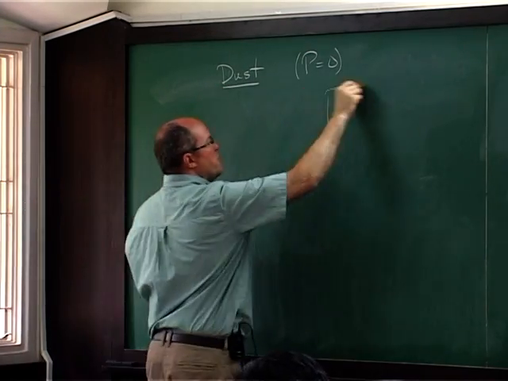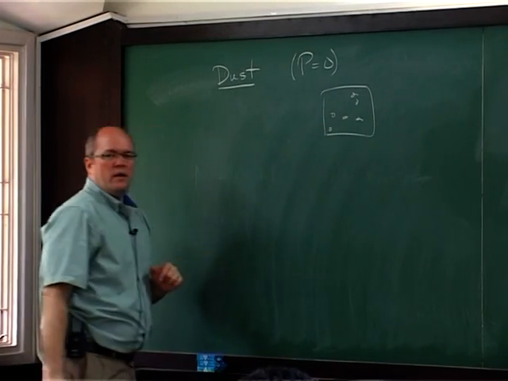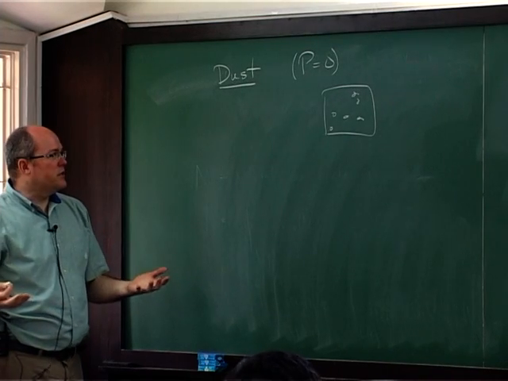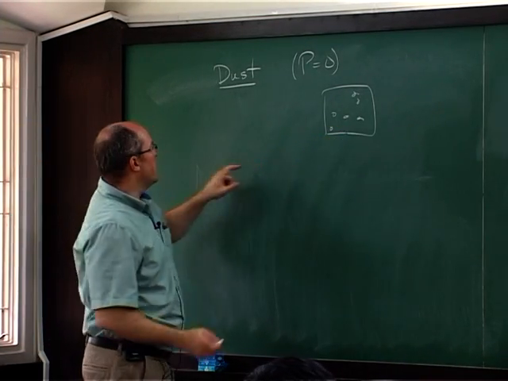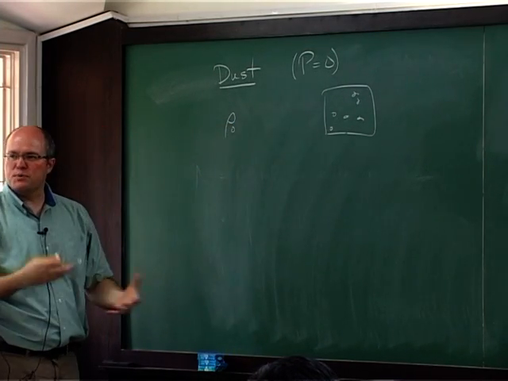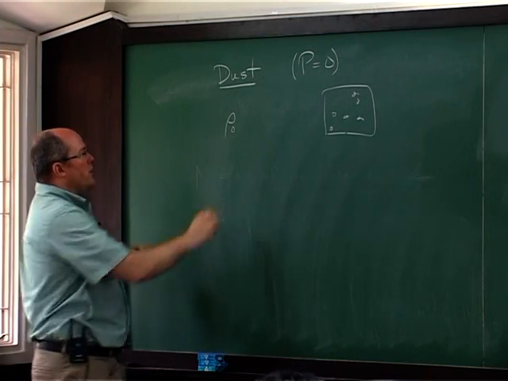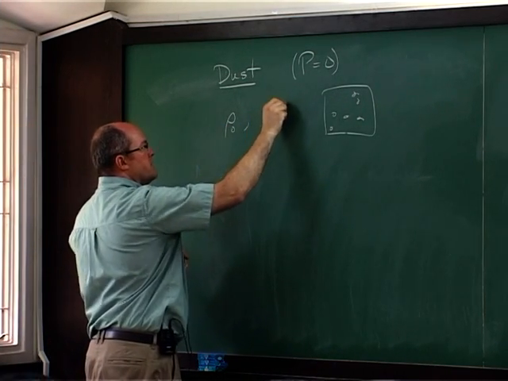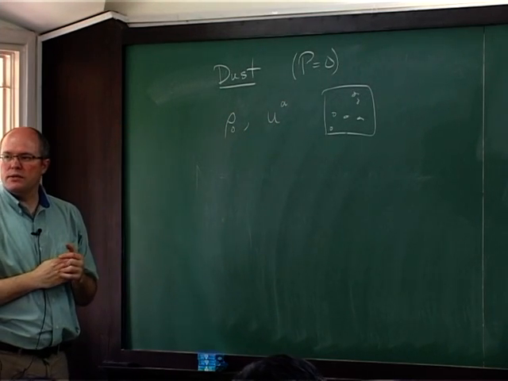If I imagine I have my system and I've got these little particles that move around, there's not much I can use to characterize this. I could characterize it by a rest mass density, the number of particles per unit volume multiplied by a mass, which I'll assume is the same. I know that these particles all have a 4-velocity. I'll use U for the 4-velocity.